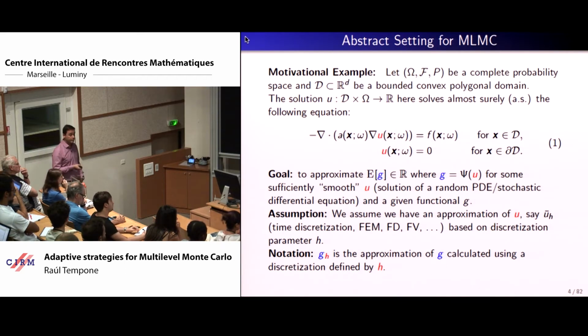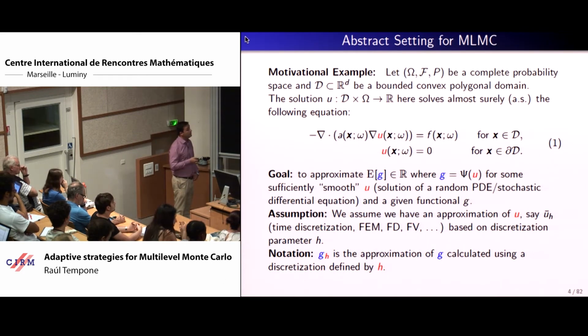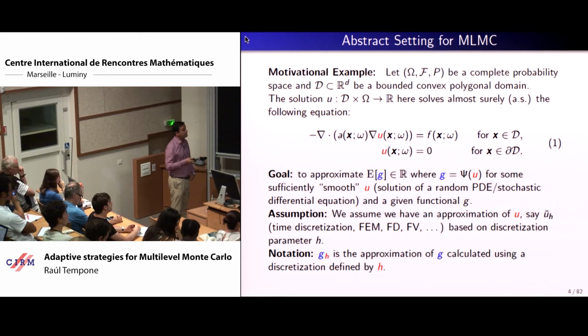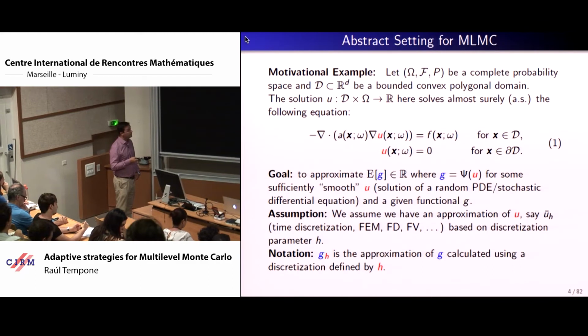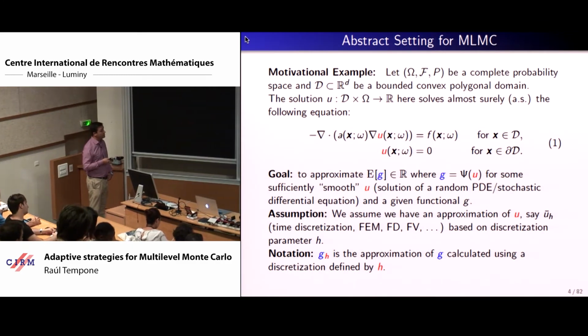Otherwise, we would let H go to 0 and get an exact solution. Now, since we were interested in this functional, which is a real valued random variable, we will approximate it and denote the approximation by G_H, where now H is the discretization parameter. So that's hopefully a natural notation.